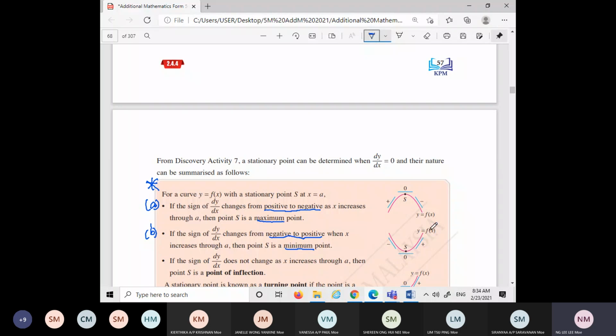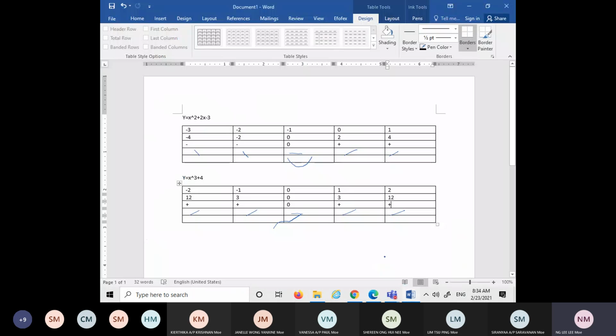Now we come to the third one. If the sign of dy/dx does not change as x increases through a, you see here, this is the third one. dy/dx is 0 here, when x is a. So you see the surrounding: it can be positive, positive.